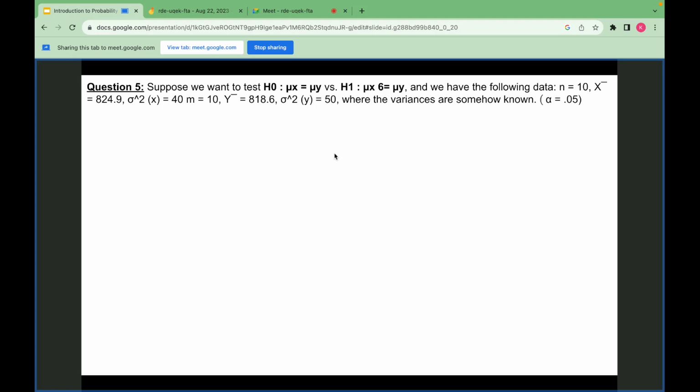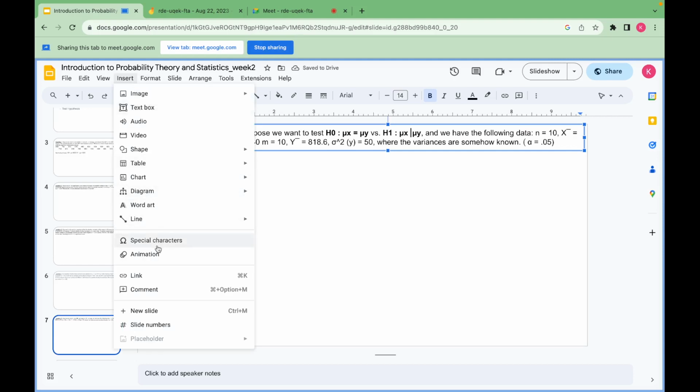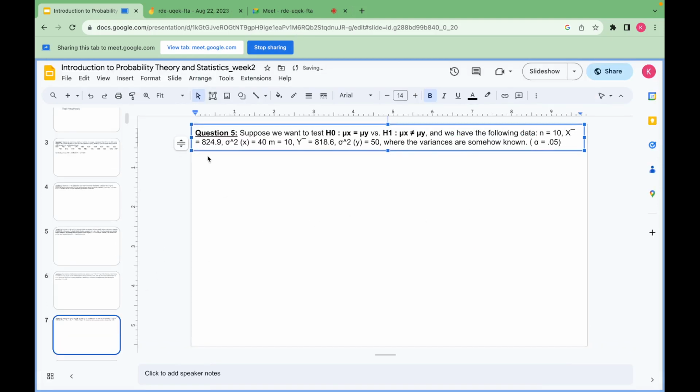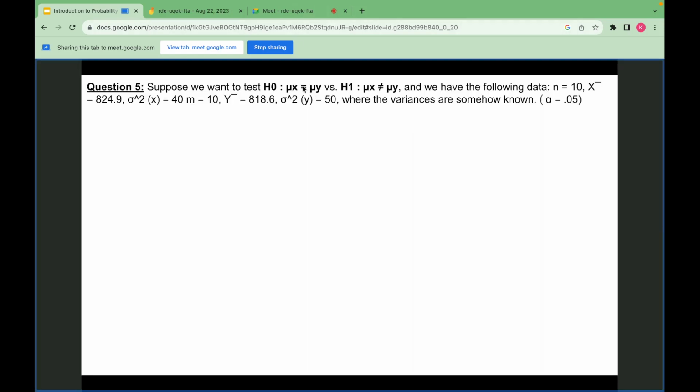Now suppose we want to test two populations whose means are mu x and mu y. The null hypothesis is mu x equal to mu y, and the alternative hypothesis is that mu x is not equal to mu y.